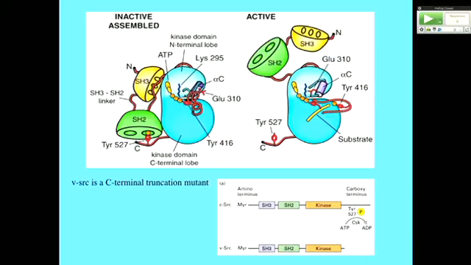And as I mentioned, the unfolded protein becomes active, okay? Because the folded structure is inhibitory to the catalytic activity, and the unfolded structure frees the catalytic domain to be fully active.